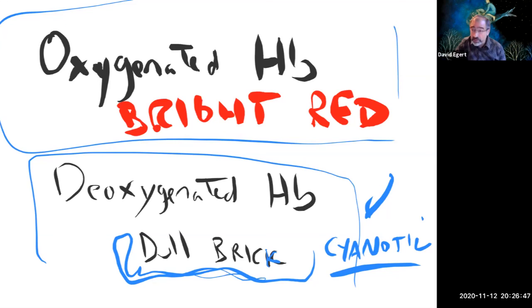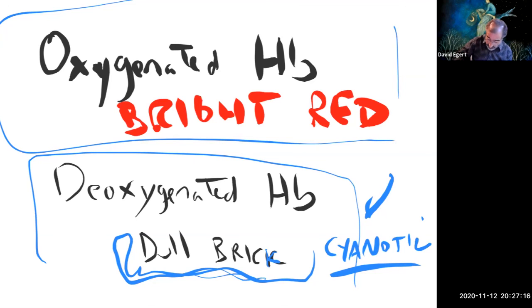However, if somebody dies of carbon monoxide poisoning, because the hemoglobin is totally bound onto the carbon monoxide, they're dead, but they're kind of bright cherry red. They look even redder than normal, like flush, because the hemoglobin is bound, but it's bound to something that's not allowing the oxygen to bind.